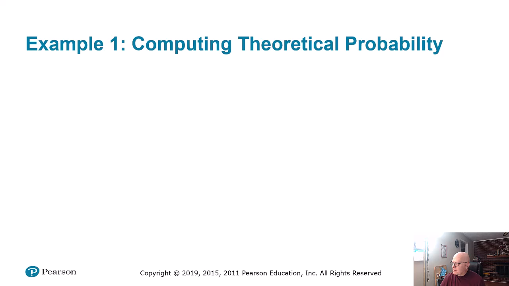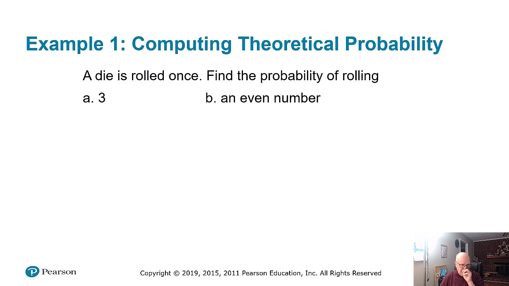So let's see how this works. First of all, let's take a look at A. Our die is rolled once. This is a typical die that has 6 sides, and you assume that it's fair, and each side is equally likely. Does that sound familiar? Equally likely to show up when you roll it. Now, what you want is the probability that you get a 3. That's our focus. So our event would be that a 3 shows up on your die.